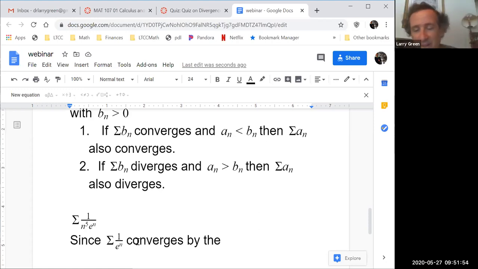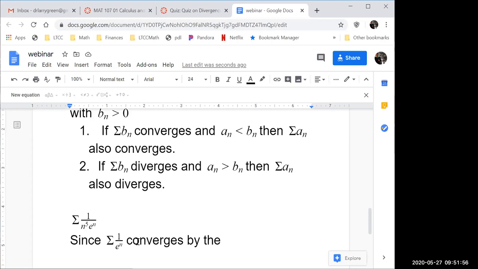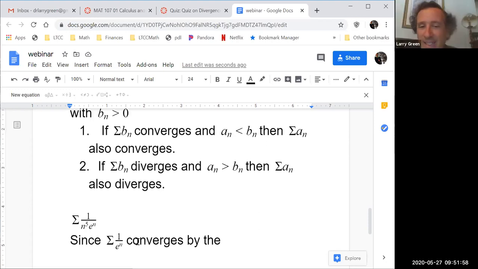I purposely gave this one because it's been a week since you had this one. Starts with a G, that's a hint. Yeah, this is the geometric series test, right?